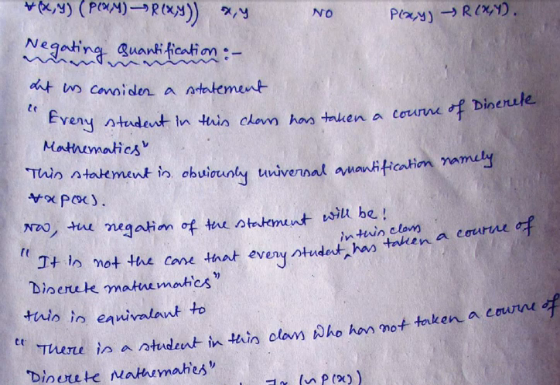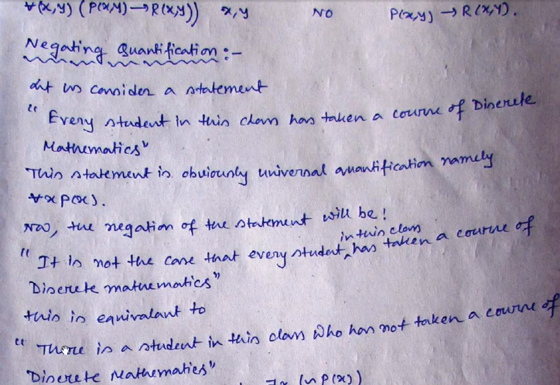What will be the negation of this statement, that is, every student in this class has taken a course in discrete mathematics? So the negation will simply be, it is not the case that every student in this class has taken the course in discrete mathematics. That is the negation. This statement is also equivalent to what?